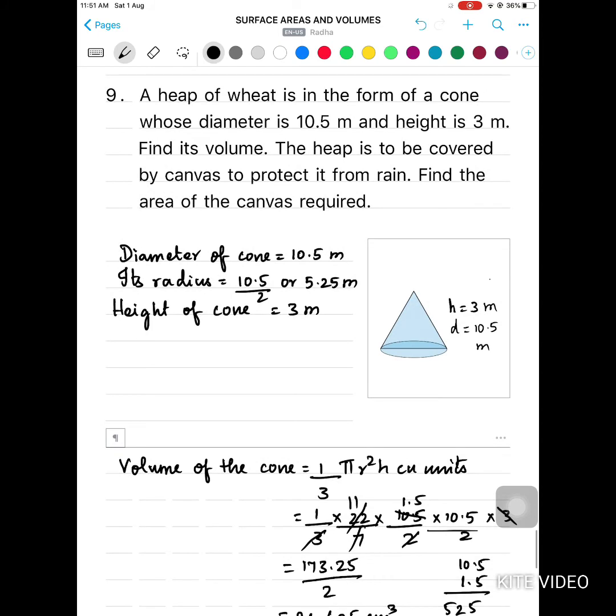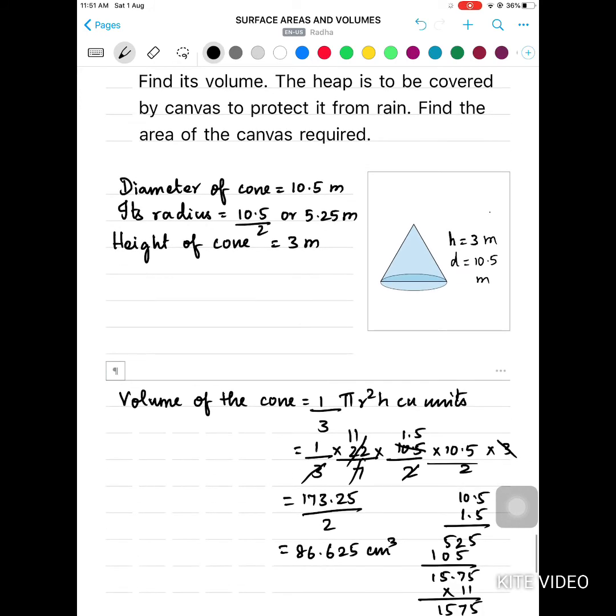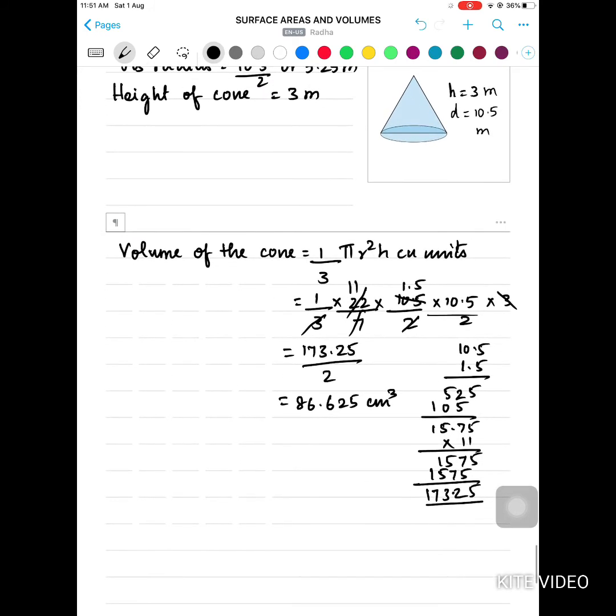Now the heap has to be covered by canvas to protect it from rain. So the conical shape has to be covered by the canvas. So what area will be covered? CSA of the cone will be covered. So we need to find the area of the canvas required. That is nothing but the CSA of the cone.